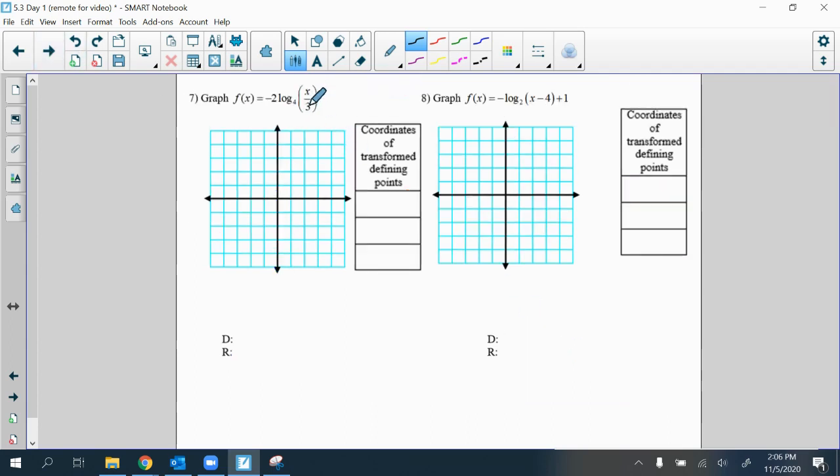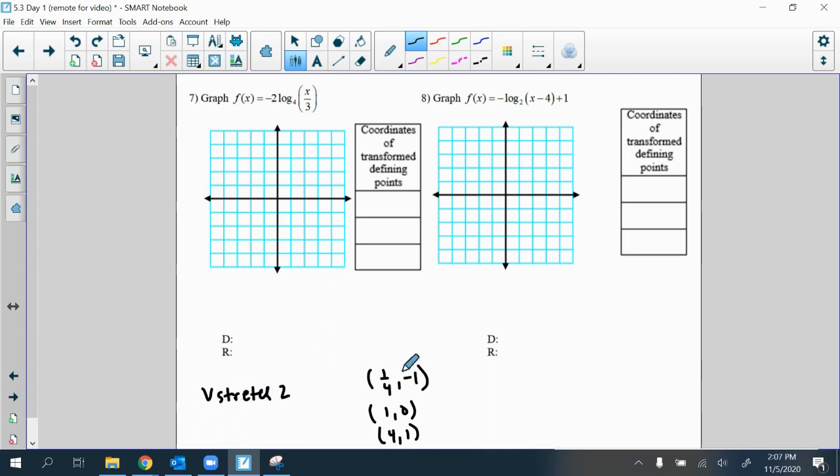Two more of these to do together. Number 7, I have log base 4. So let's quickly write the points down. That would be (1/4, -1), (1, 0), and (4, 1). So what's happening to all of these? My vertical stuff, I have a vertical stretch of 2.